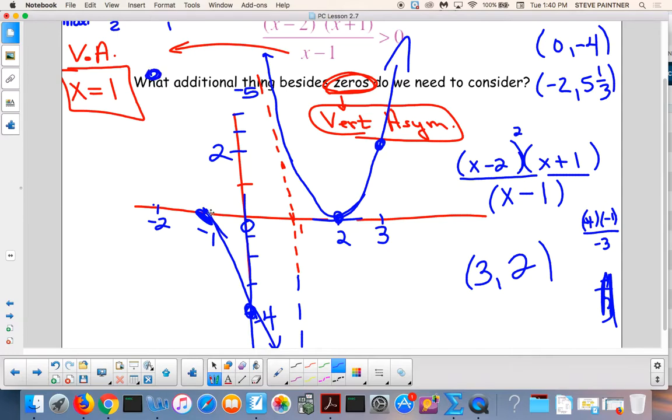All right. There it goes. You got it? Okay. So guys, that's it. You got zeros here. You got the vertical asymptote here. Now, where is your function? Look up here. What does that say?